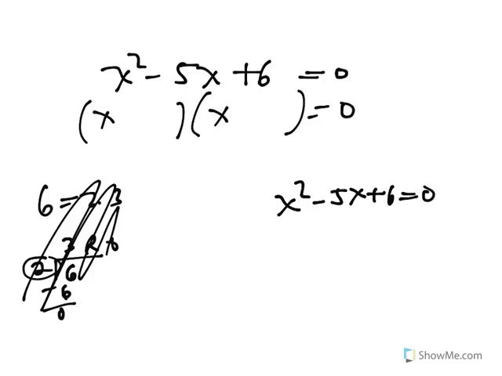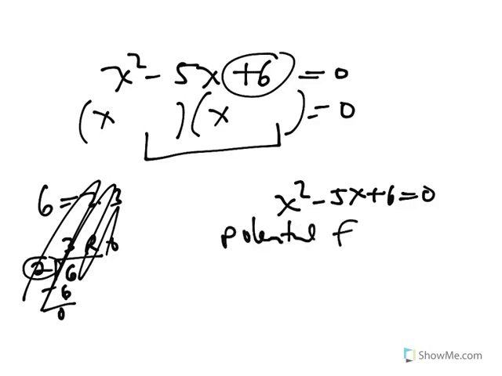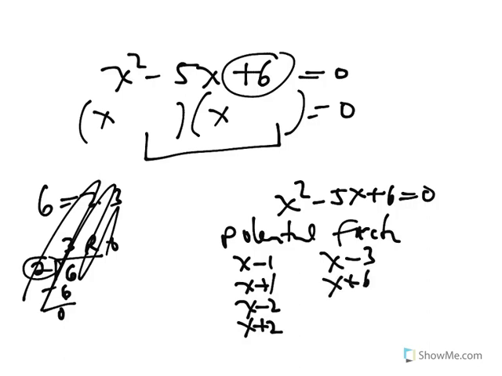So what might be a factor of it? Well, remember, when you do FOIL, to get this plus 6, we'd multiply whatever these two numbers are together. So what I'll call the potential factors are x minus 1, x plus 1, x minus 2, x plus 2, x minus 3, x plus 3, x minus 6, and x plus 6.